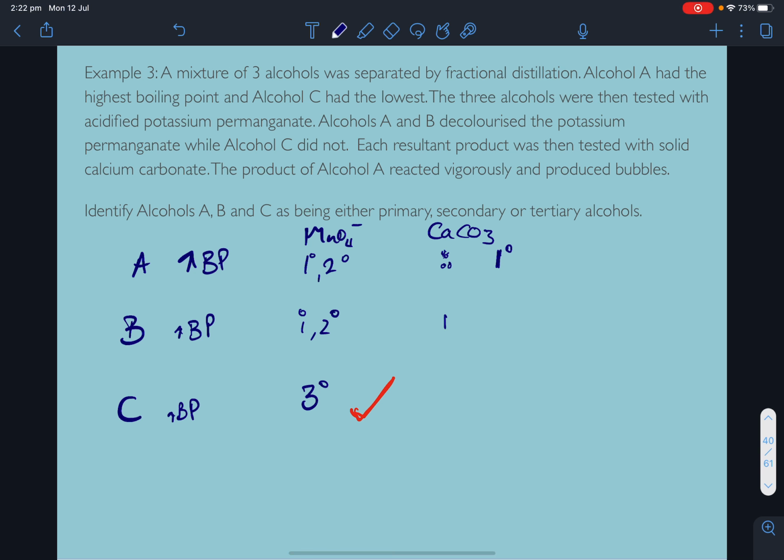Nothing about B, so B, no bubbles. So that must have been the secondary. So there's our answer: A is the primary, B is the secondary and C is the tertiary. I've given myself ticks here, makes me feel good. Very wordy question, so find some format to lay it out like I did there.